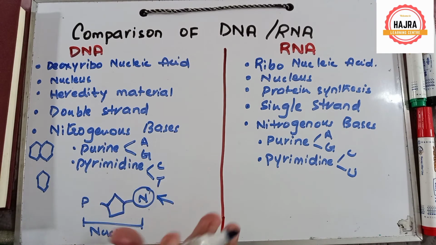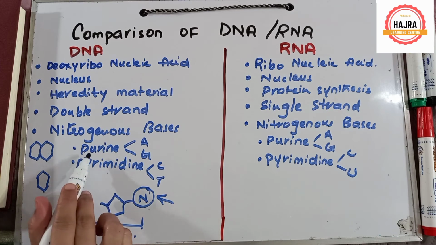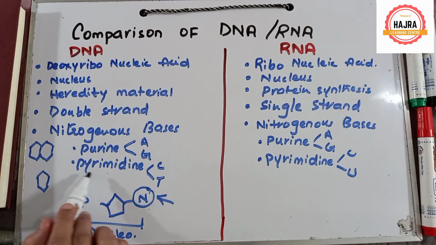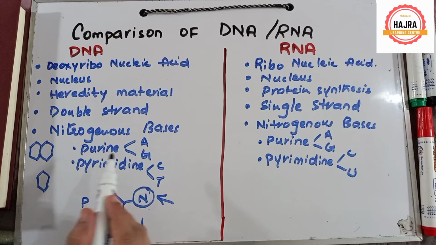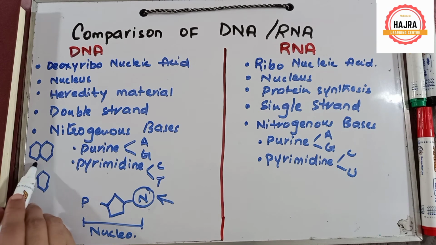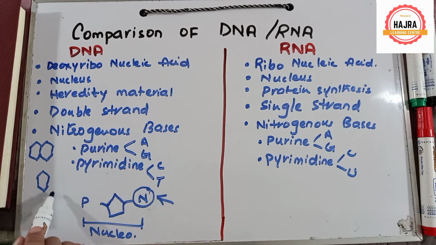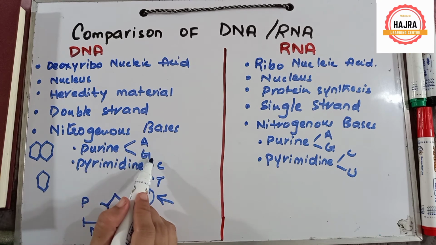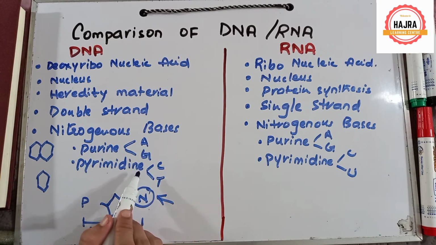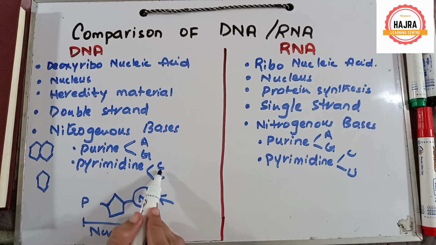There are two types of nitrogenous bases: purine and pyrimidine. According to their structure, scientists have named them. Purines have a double ring structure and pyrimidines have a single ring structure. Purines include adenine and guanine, and pyrimidines include cytosine and thymine.